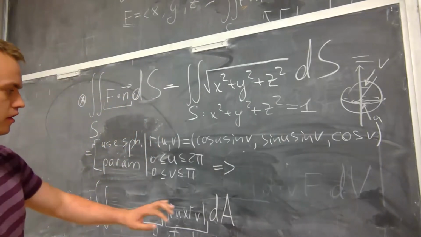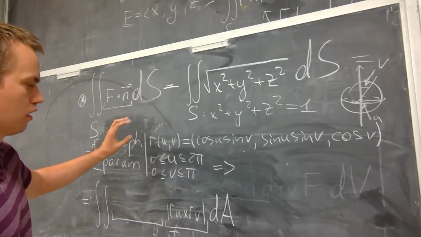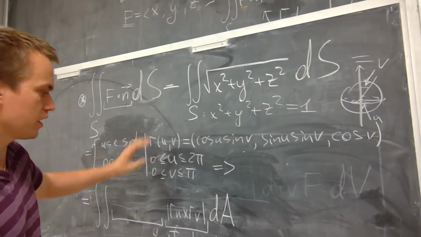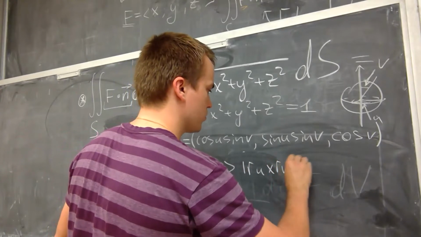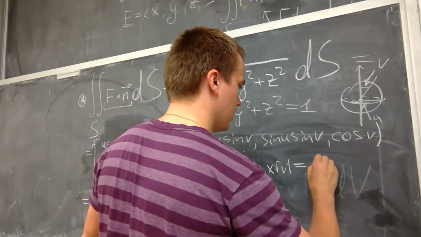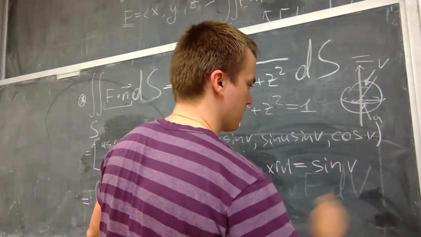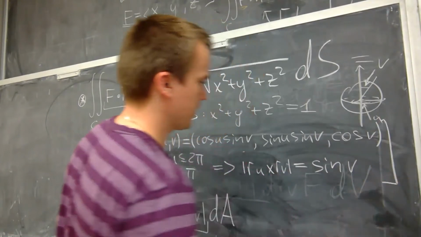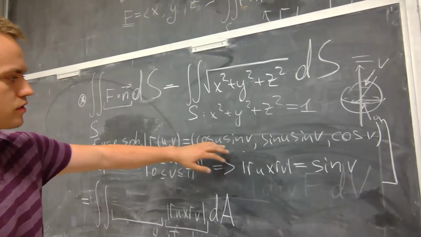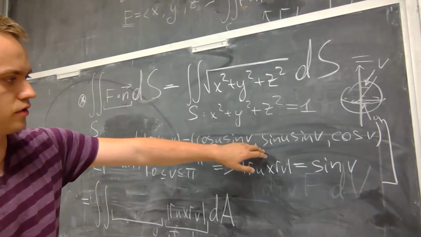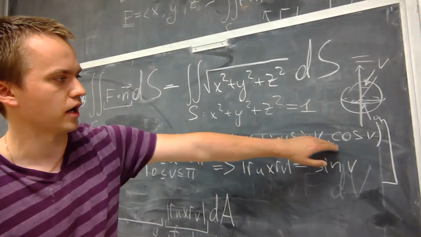And we have done a lot of computation for spherical parameterization. So in this case, we can check that r_u cross r_v is going to be equal to just sine v. The reason is that for spherical parameterization, you usually have radius R cosine u sine v, R sine u sine v, and R cosine v.